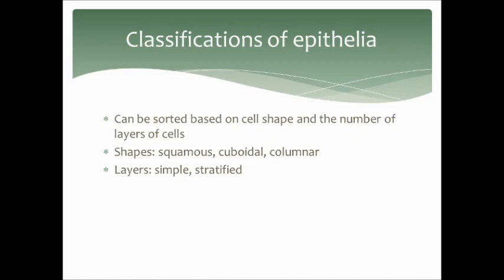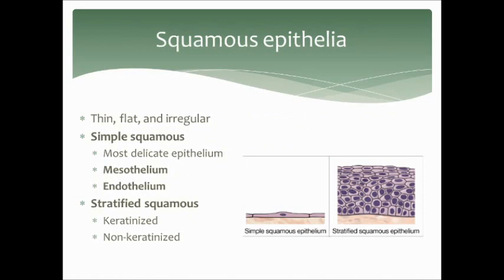They can be sorted based on shape of the cells and the number of the layer of cells. So the different shapes are squamous, which is more of a flat type of cell, cuboidal, which as it sounds is more cube-shaped, and columnar, which is more rectangular. As far as layers are concerned, simple means that there's one layer of these cells, and stratified means that there's more than one layer. So we'll start off with squamous epithelia.